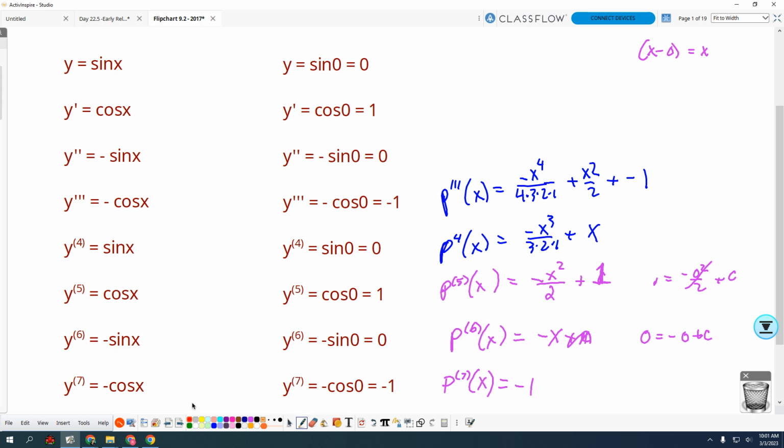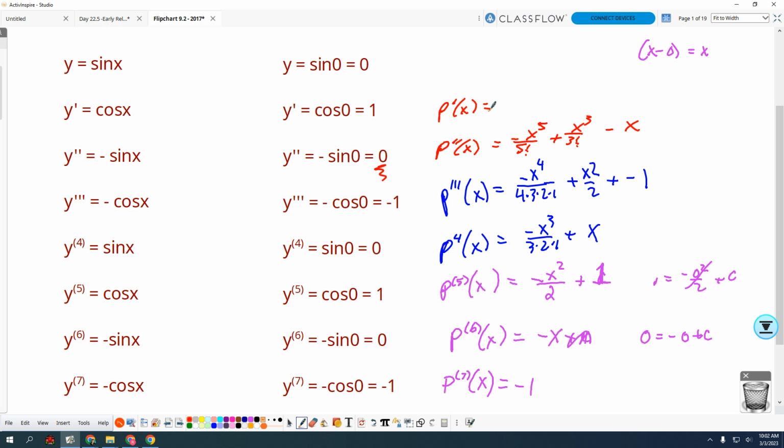Utah, what's my second derivative for my polynomial going to be? Negative x to the fifth over 5 times 4 times 3 times 2 times 1, plus x cubed over 3 times 2, and then it's minus x plus c. And the c in this case is 0. All right, Tanya, first derivative.